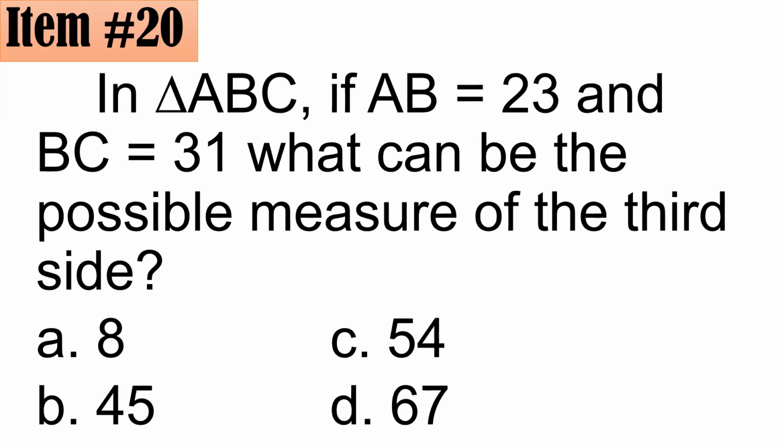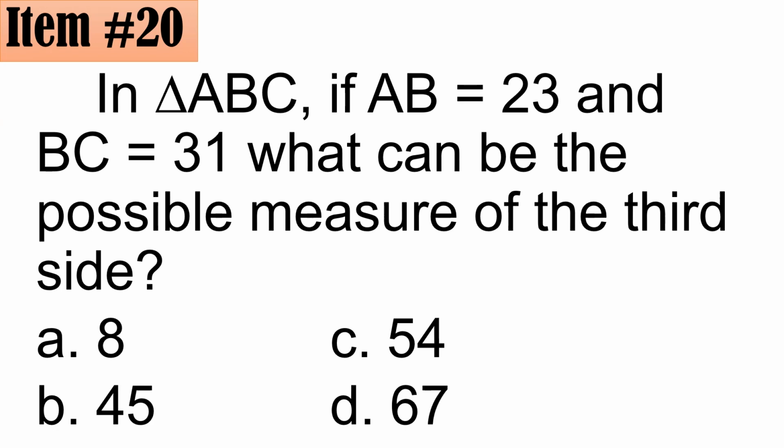Dog daw, 67, sabi ng classmates niyo. May sumagot ng C, 54. So far, it's either C or D lang yung sagot ninyo. So we don't know yet, no, kung ano yung sagot ng iba. And I can see that you could go either with C or D.